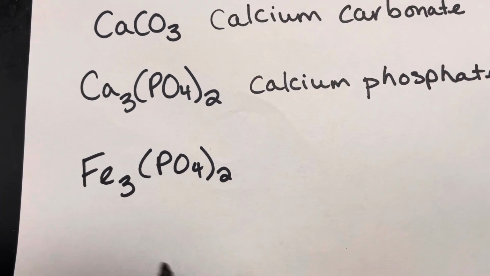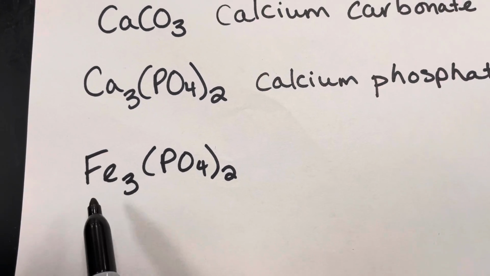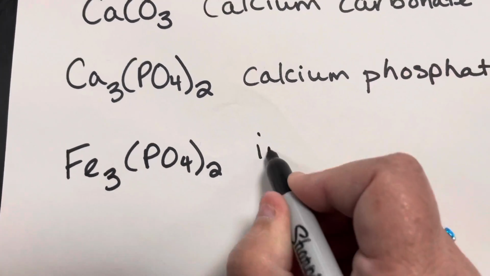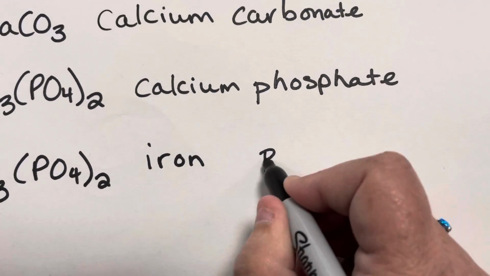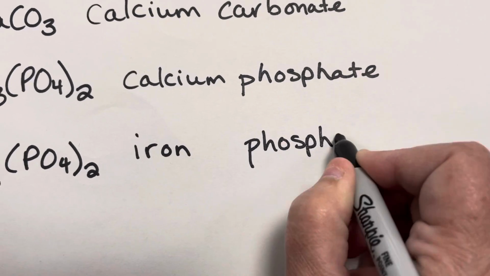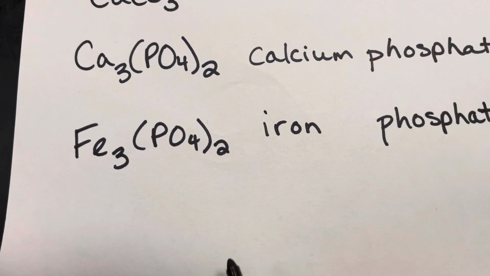Okay. 3 capital letters, we have a polyatomic ion. Here it is, PO4. We know that Fe is iron, so I'm going to go ahead and write iron. And then I'm going to leave a little bit of space here, we know that the PO4 is phosphate. Okay, now how do we know what the Roman numeral is?